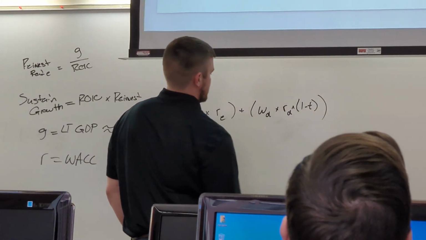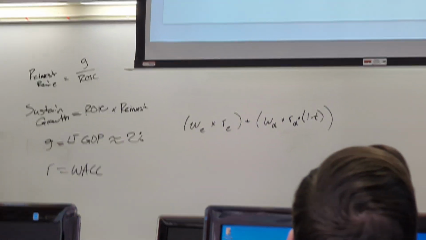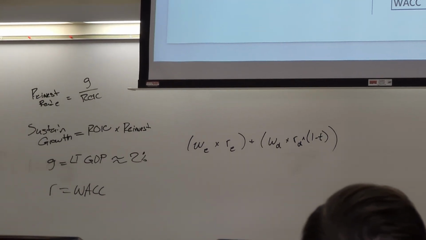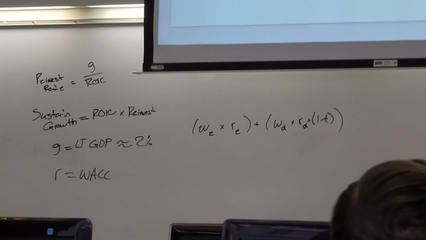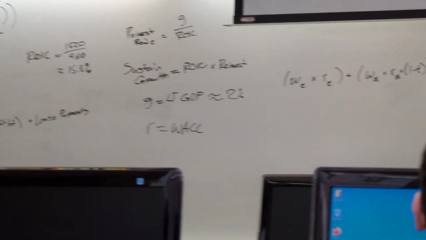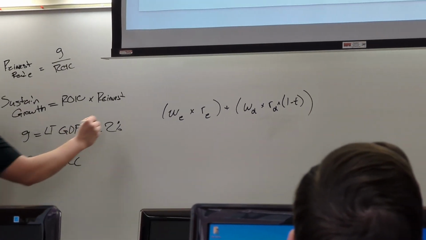So I gotta account for that tax benefit. I hope I wrote that right. Sometimes I gotta remind myself. There you go. So typical weighted average cost of capital.